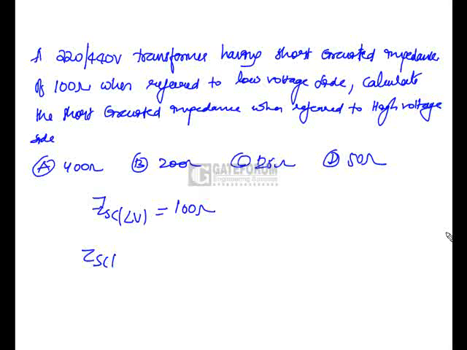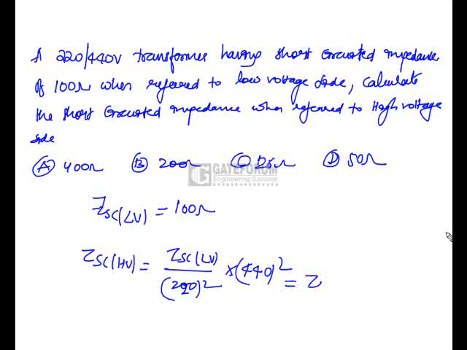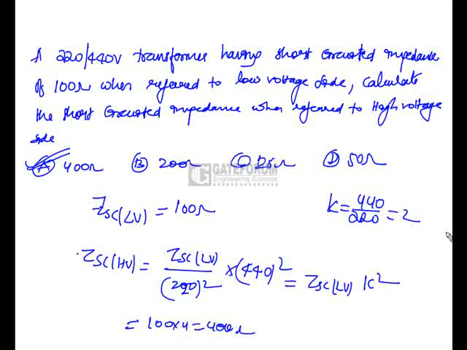Z short circuit when referred to high voltage side is given as Z short circuit low voltage side multiplied by 440 whole square by 220 whole square, or you can write this as Z short circuit low voltage side into K square. K is equal to 440 by 220, that is the transformation ratio, which is equal to 2. So this is 100 into 4, which is equal to 400 ohms. That is option A is the correct answer.